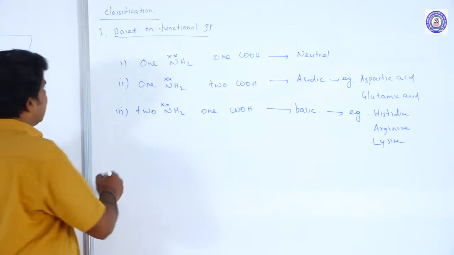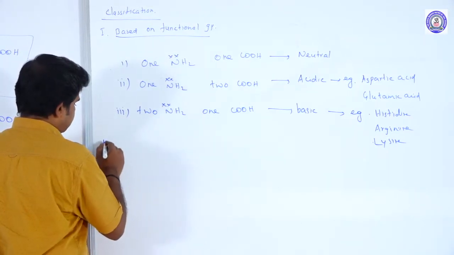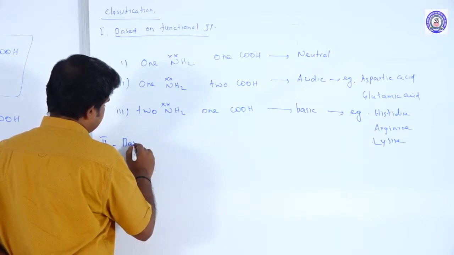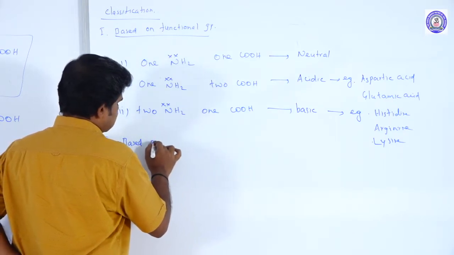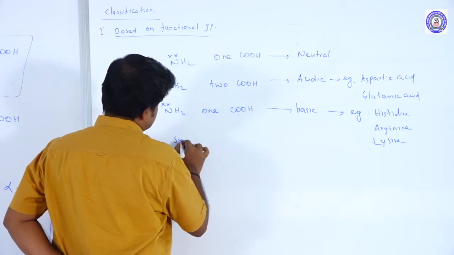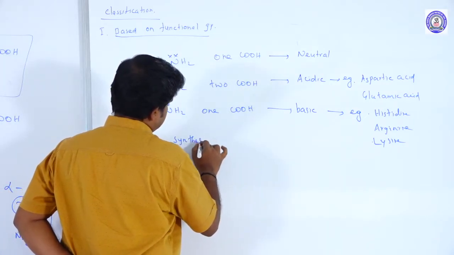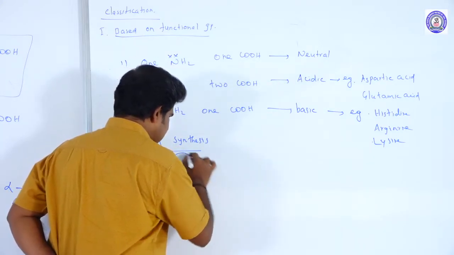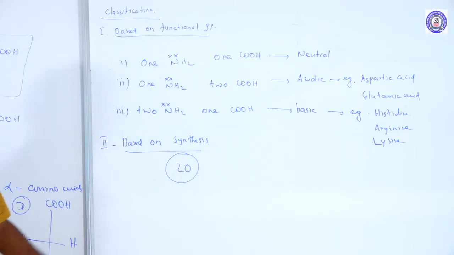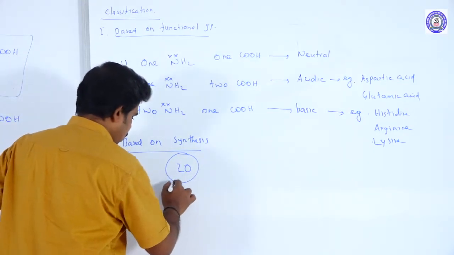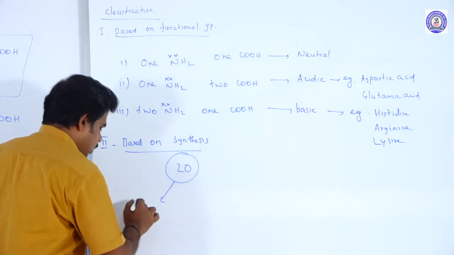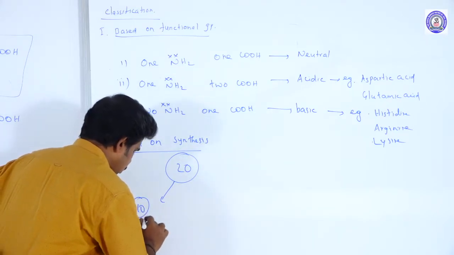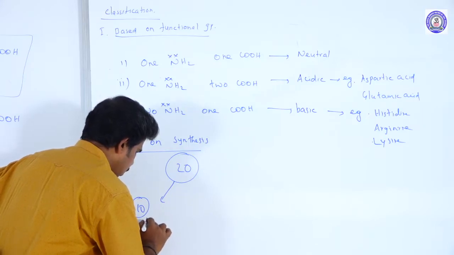Now, the second classification is based on synthesis. There are 20 amino acids. Among these 20, 10 amino acids are prepared by our own body.